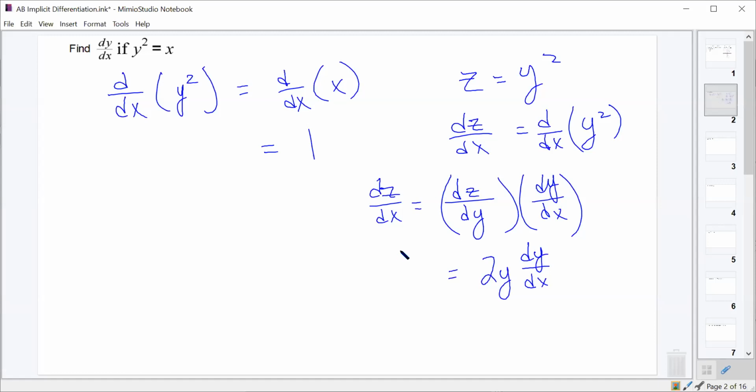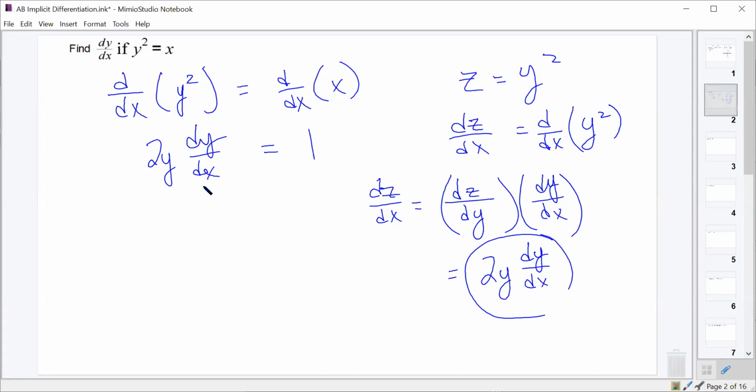So our derivative with respect to x of y squared is 2y dy/dx. Anytime we take the derivative of a y term, but we do it with respect to x, we're using the chain rule, and we should end up with the derivative of this with respect to y times dy/dx.